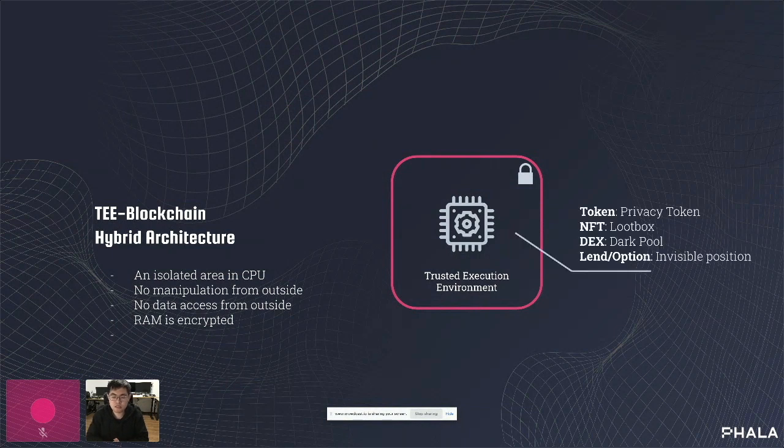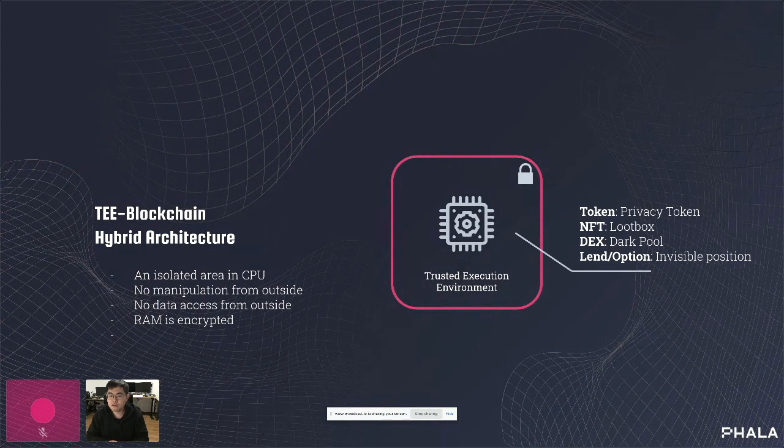So what if we run the smart contract in the enclave? For example, if we put a token contract into the secure enclave, it turns into a privacy token. You can send tokens to others, but besides the sender and the receiver, nobody else can see the amount, the sender, or the receiver of the transaction.